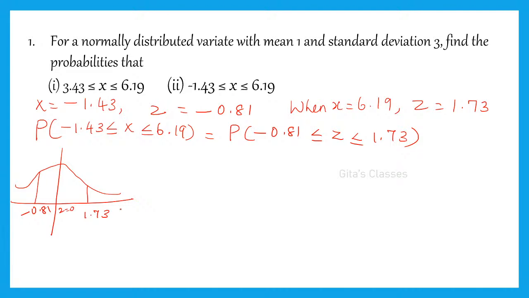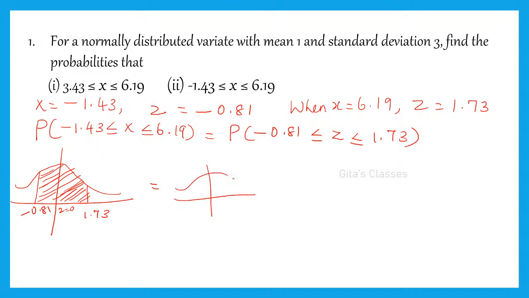1.73 we have already found out for the previous question, right? Now this is our required area, because minus is written on the left hand side of z is equal to 0. Always remember, whatever is given, you have to express in terms of 0 to. So now I am going to split this into two areas. Listen carefully.